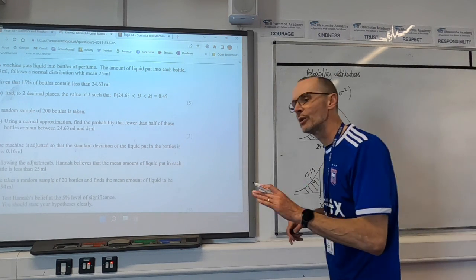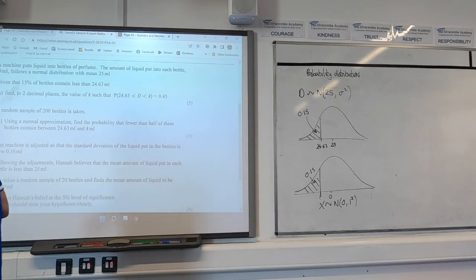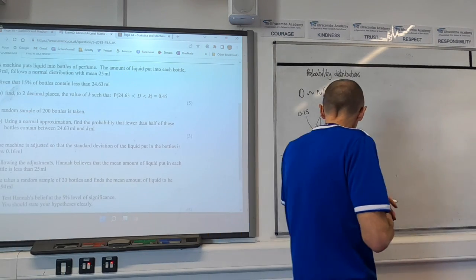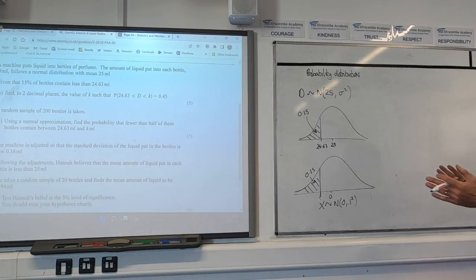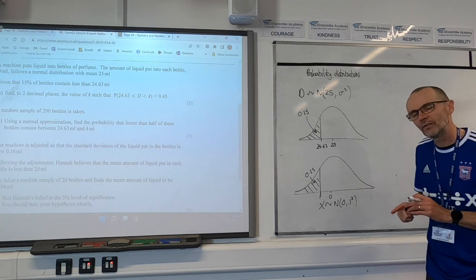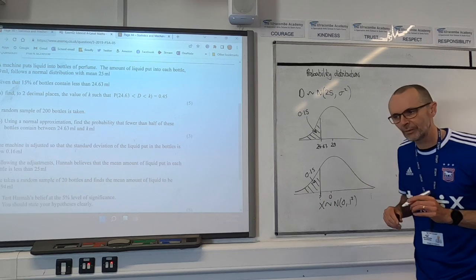So we need to go to inverse normal, and if you remember, that gives you the option of left or right tail. And we need to tell it that it's a left tail problem, and we're looking for the value that gives us a probability of 0.15. See if you can remember that.